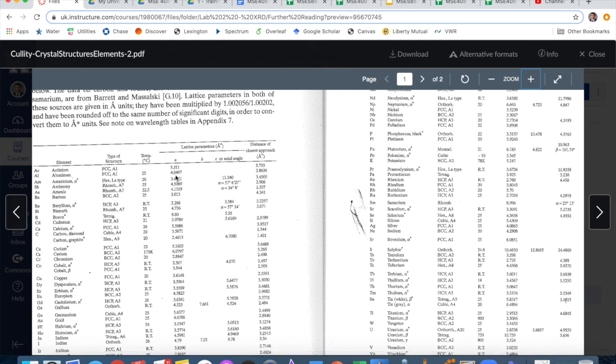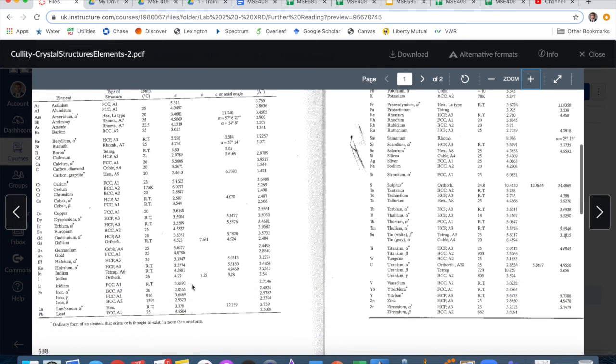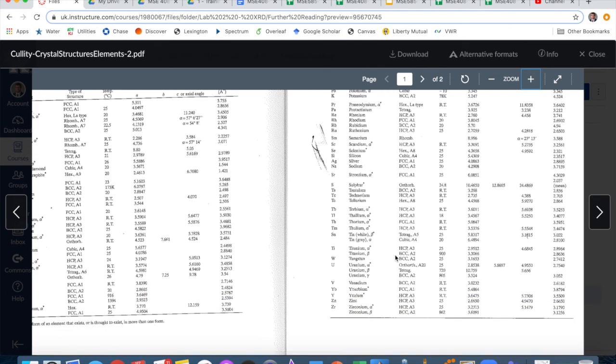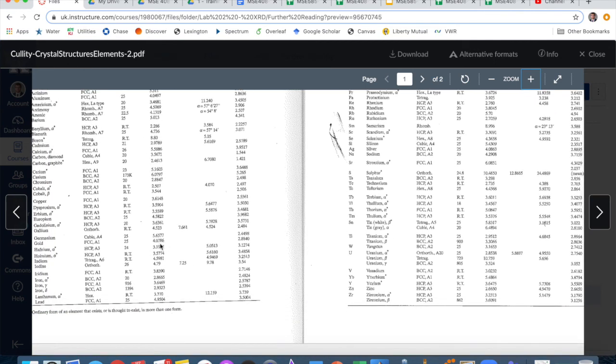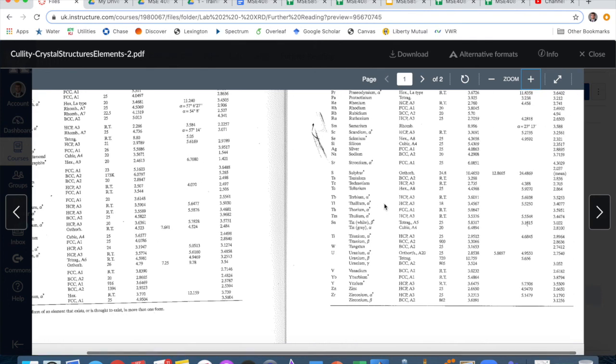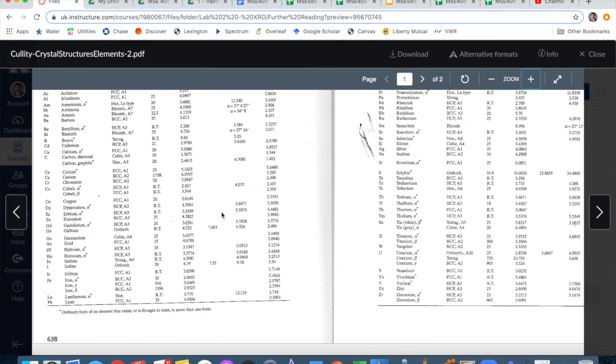So it's either aluminum, gold, or silver. So of those three, 4.05, 4.078, and 4.086. So gold is the closest of these.